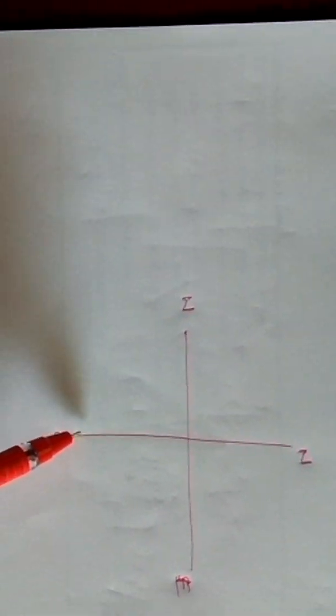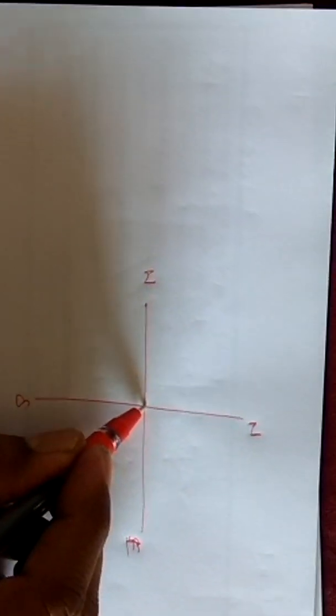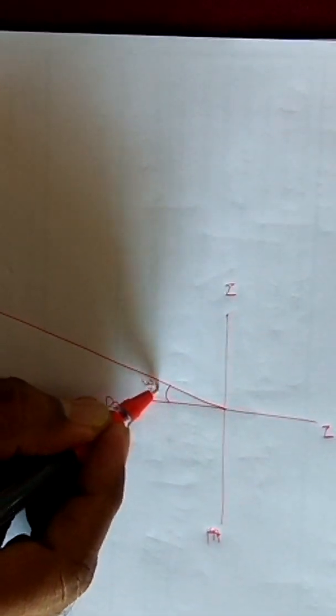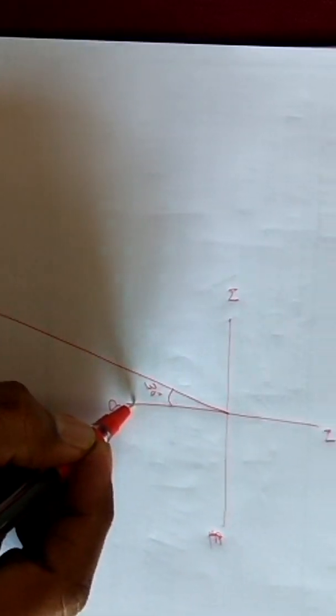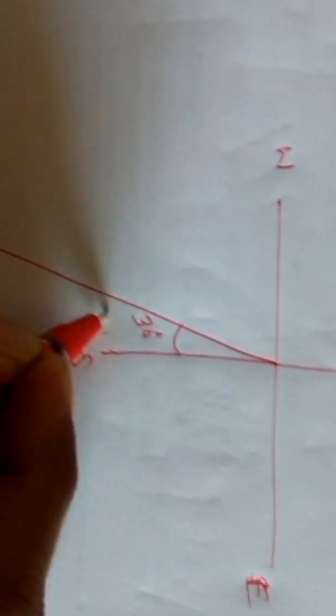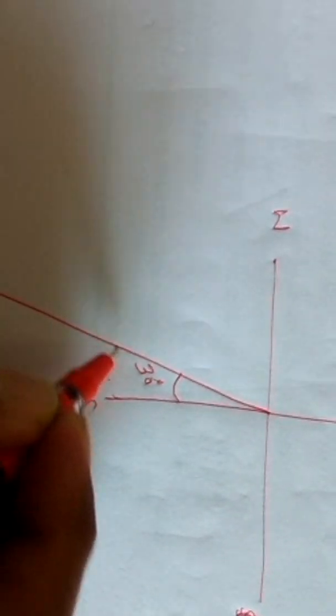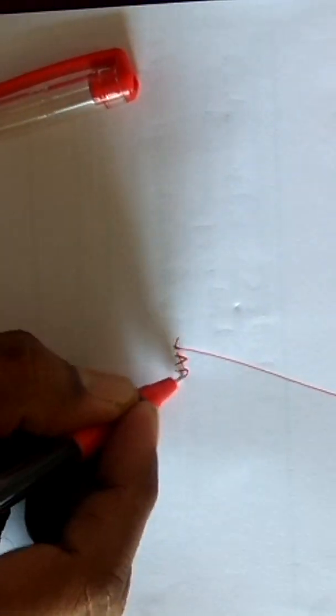This is the south, and this is the western side. Now I draw a line from the center at 30°. You always count from the south: 10, 20, 30, likewise. South 30° west. This is the apparent dip.